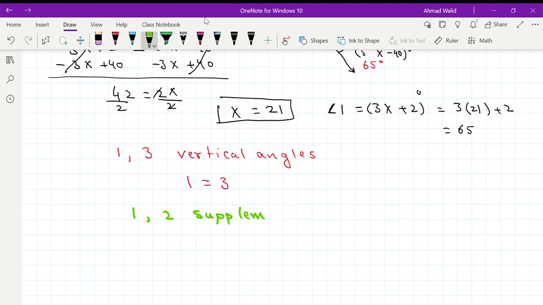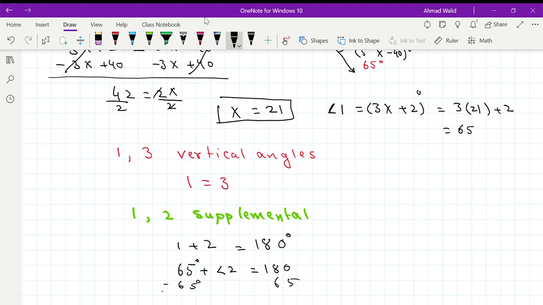Supplemental means if you add angle 1 with angle 2, it should give you 180 degrees. Now I know the value of angle 1, which is 65, plus angle 2 equals 180. And if I solve it for angle 2, I will subtract 65 degrees from both sides, correct? Then your angle 2 is equal to 115 degrees, correct?